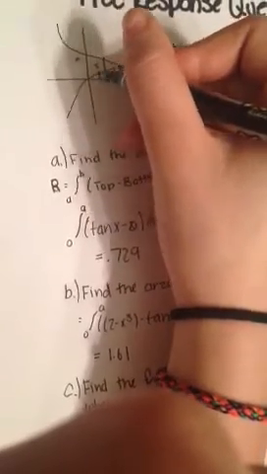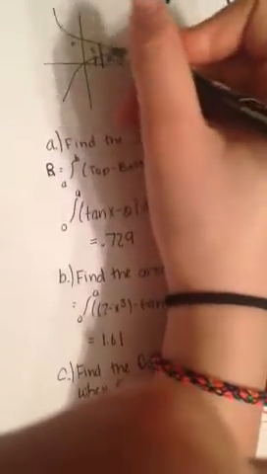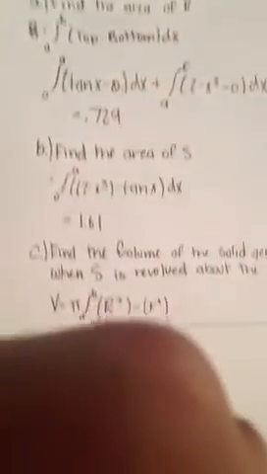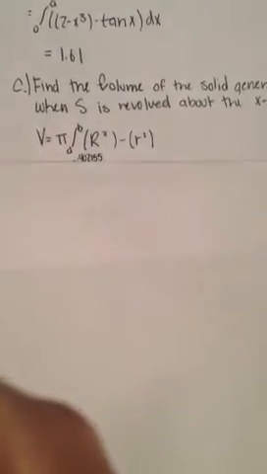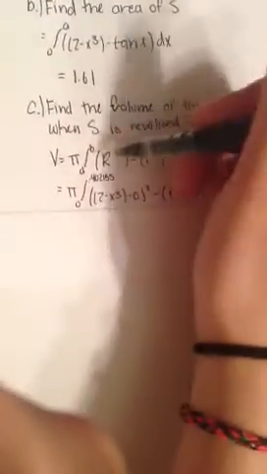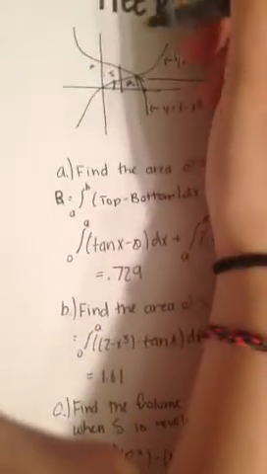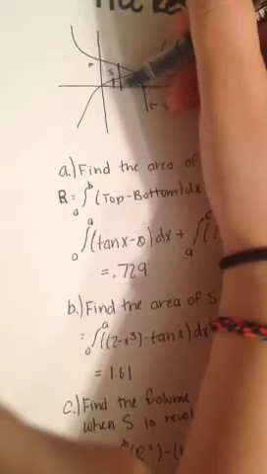You want to subtract this because this is not covered by S. So once you do that, for your big R, you're gonna find top minus bottom, which will be from here to here.